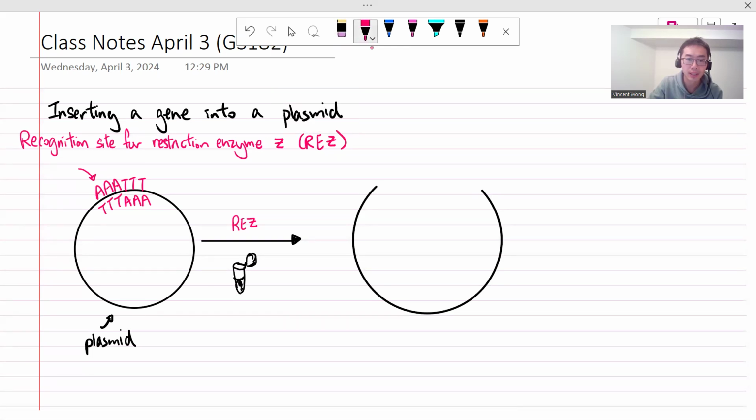We're going to have AA and then TTTA like that. And on the other side, we're going to have TTTA and then AA. Now it's a little bit difficult to see, so I'm going to put a box around it.